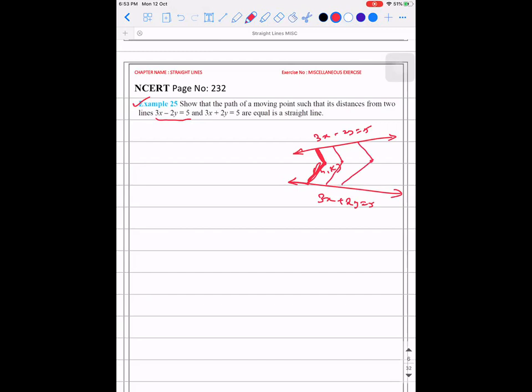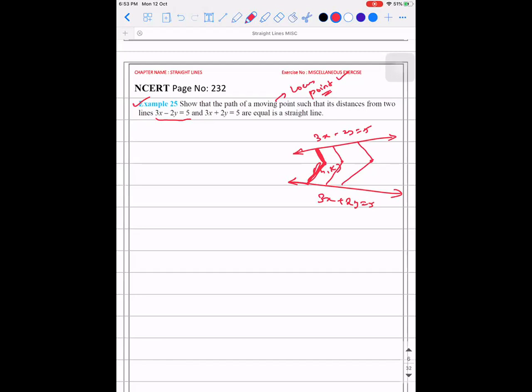So this kind of moving point is called a locus point. This word is not used in your textbook, but those who are preparing for competitive exams, you can hear this. We call it a locus point. Please make a note of it. Locus point means the point which is moving.